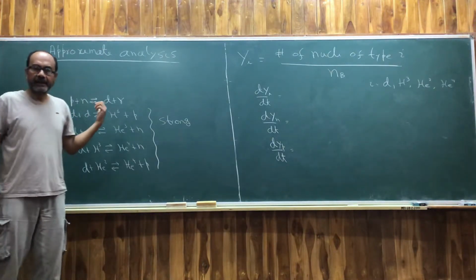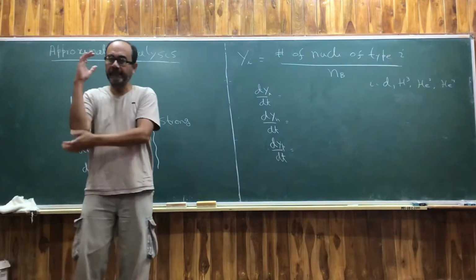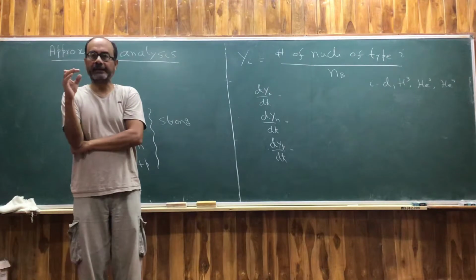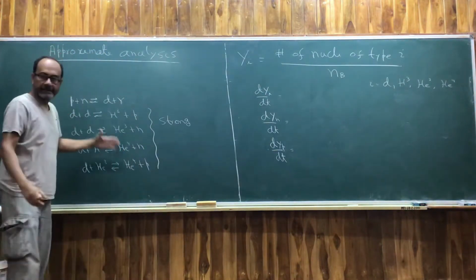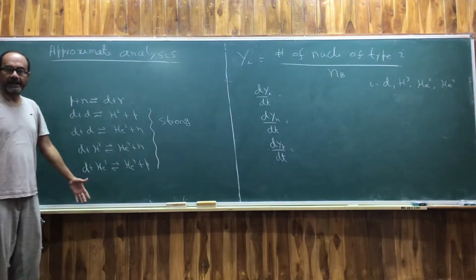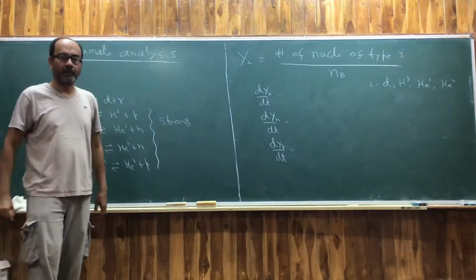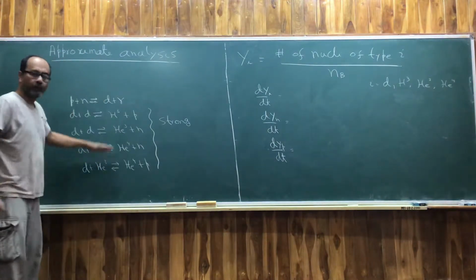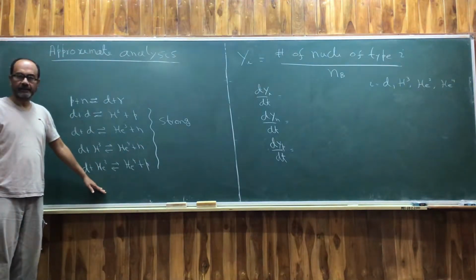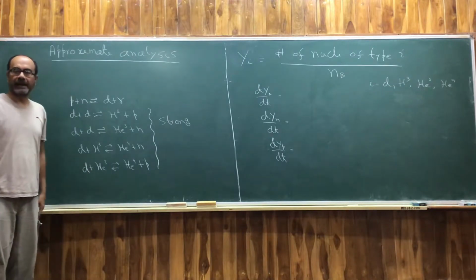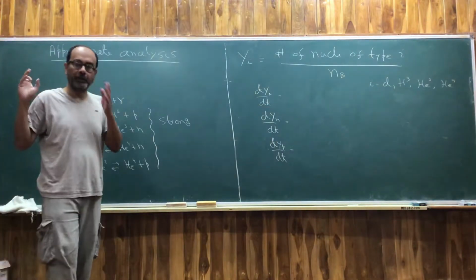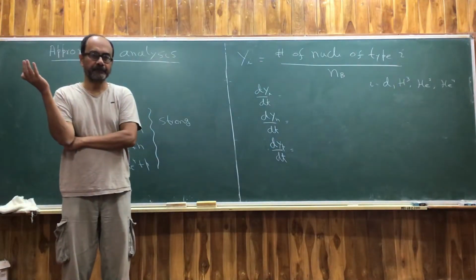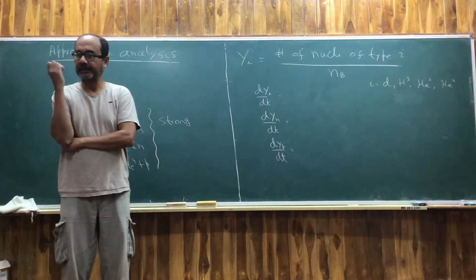Within a very short time, and that's the error that we'll have to estimate, the system thermalizes. So then we can again apply the formula for thermal and chemical equilibrium for all these systems. And once we can apply it, we can calculate the fraction of particles of each type. So that's the principle we'll be using.